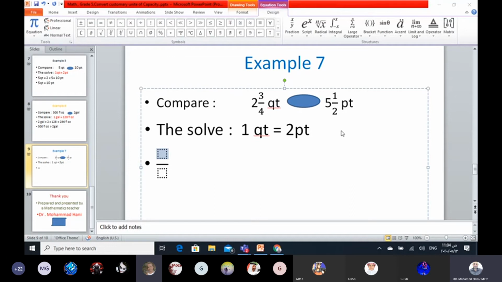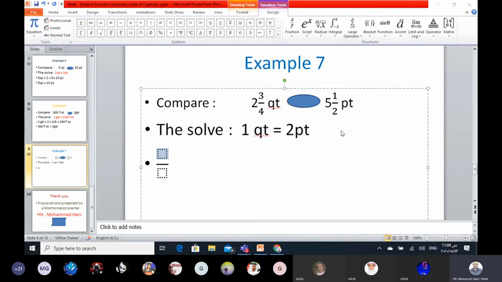5.5 pints is greater than 2 3/4 of a quart. Okay. Thank you. Who has the different answer?